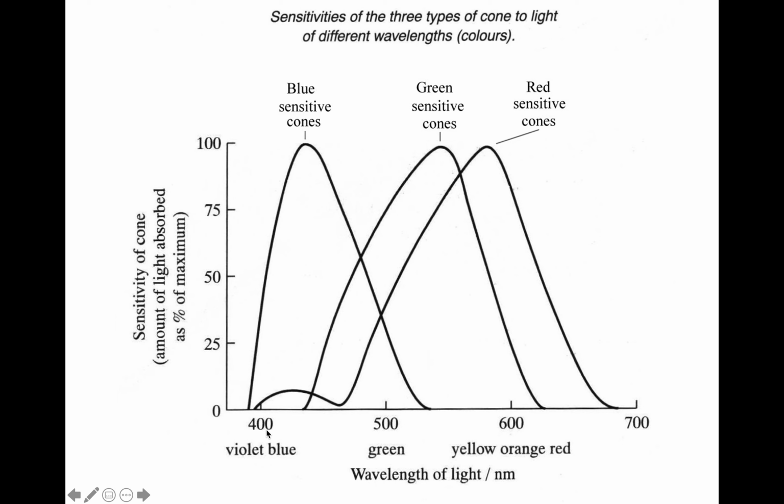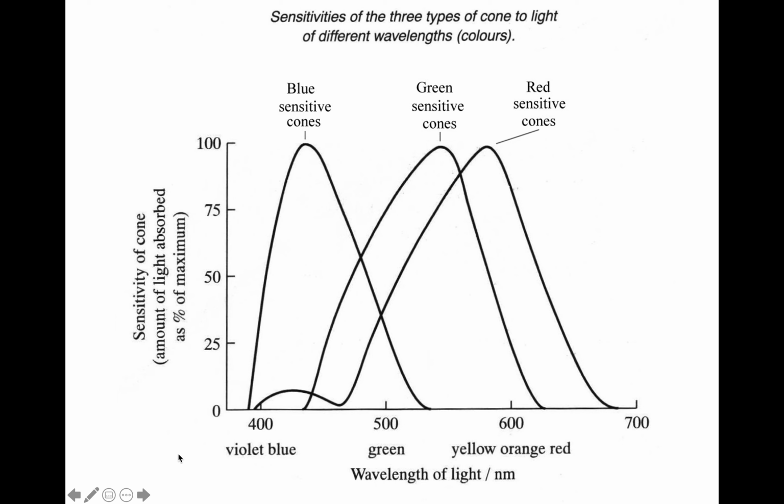Each wavelength of light will correspond to a different colour. The shortest wavelengths of light are those colours at the blue end of the visible spectrum. Longer wavelengths of light are at the orange and red, or at the red end of the visible light spectrum.